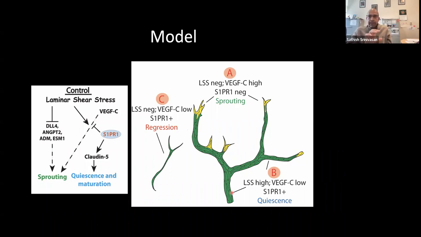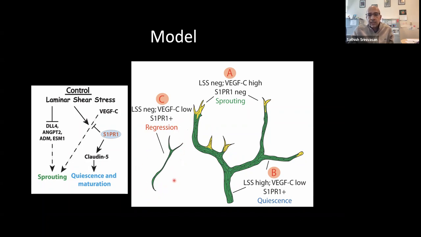So this is the basic biology, right? How S1PR1 could be relevant in lymphatic malformation, for example, will be very important to study. There are molecules that are known to activate S1PR1 signaling. So can we utilize those molecules to cause a regression of, I would predict that this is what is happening in lymphatic malformation.